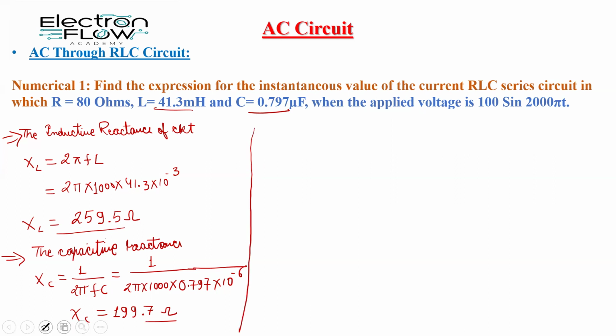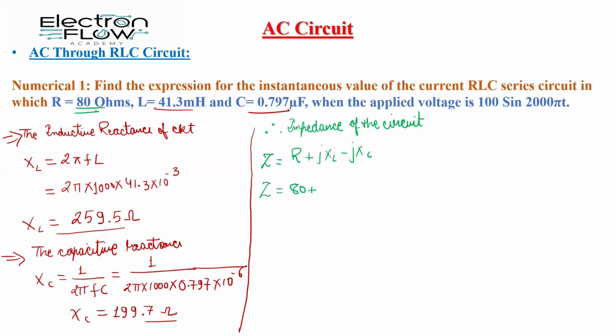Now the total impedance of the circuit, denoted by Z. In the case of the series RLC circuit, the equation for the impedance is Z equal to R plus j XL minus j XC. Putting in the values, the resistance is 80 ohm plus j 259.5 minus j 199.7.